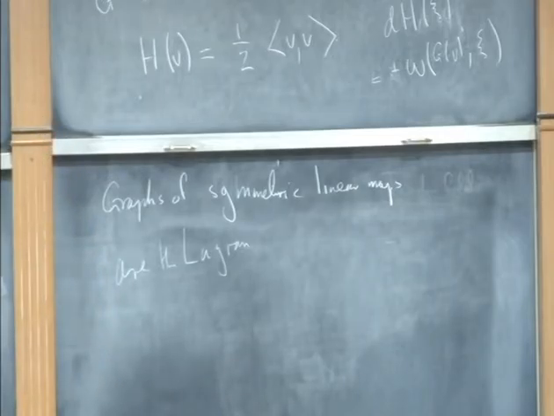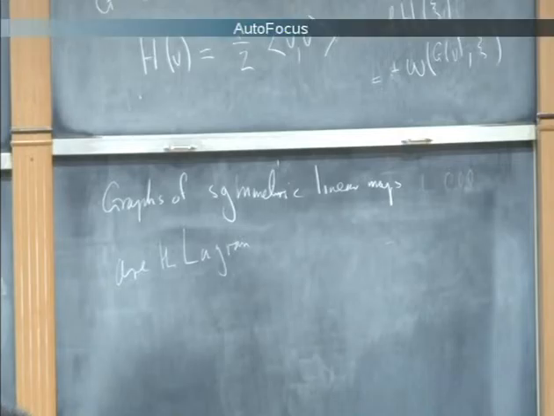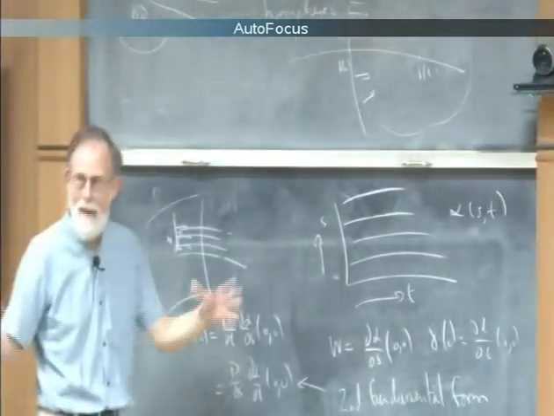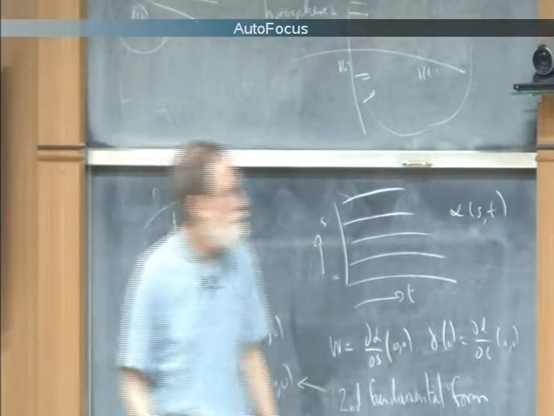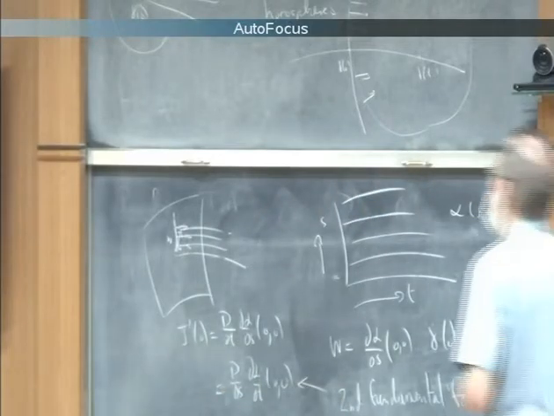Because in the case of the Jacobi fields that are initially 0, you don't have a linear map. But as long as your initial values are all non-zero, you get the graph of a symmetric linear map, and then you've just taken the closure.